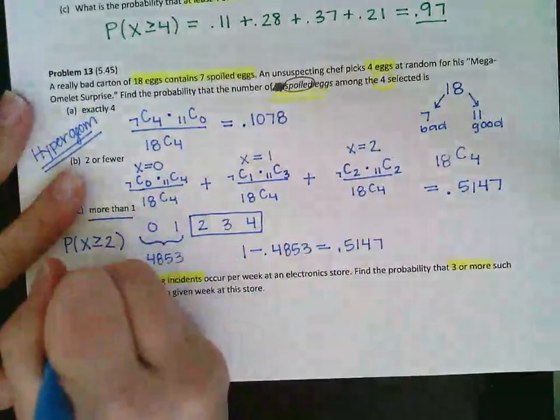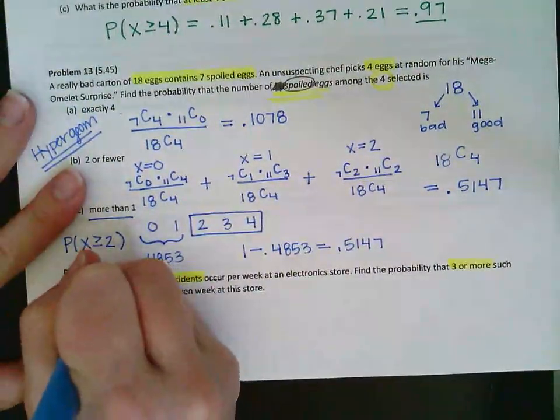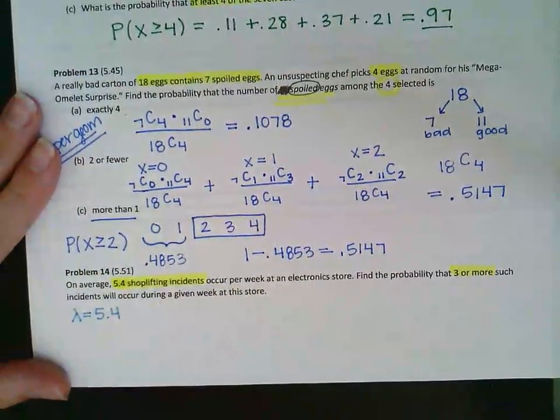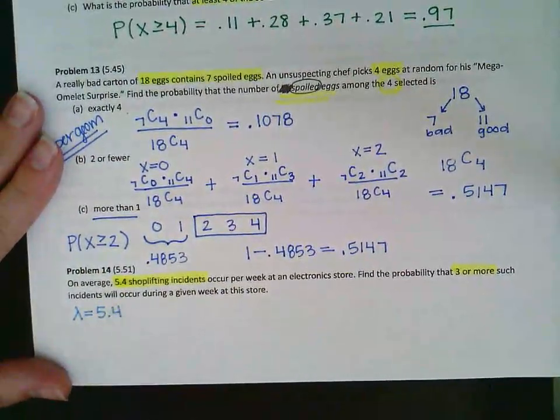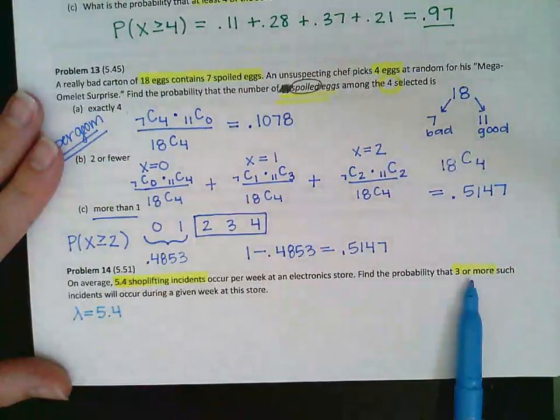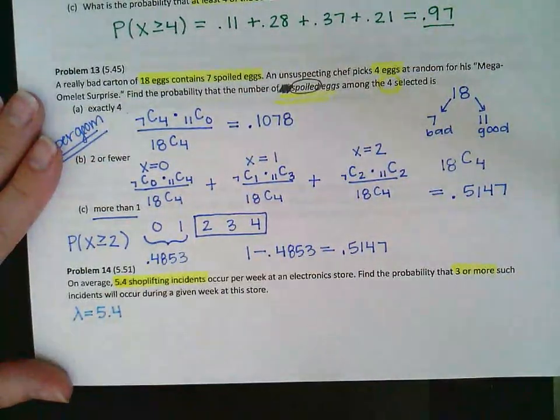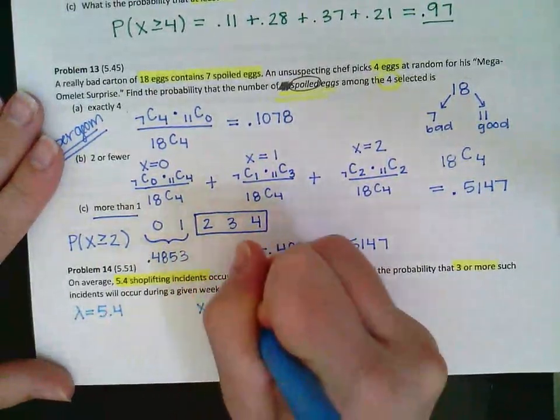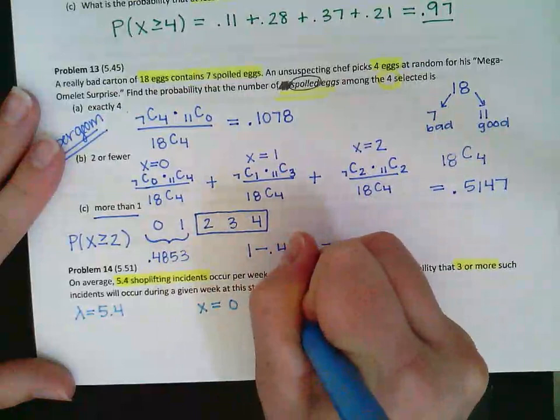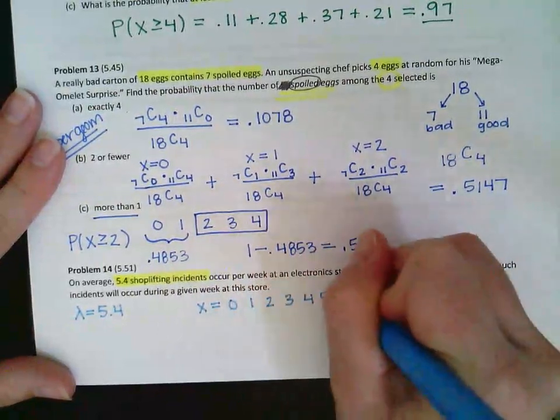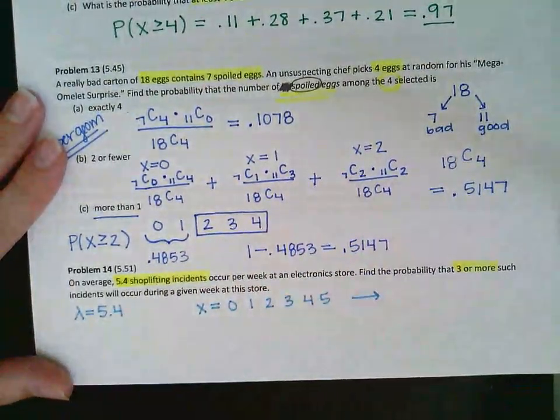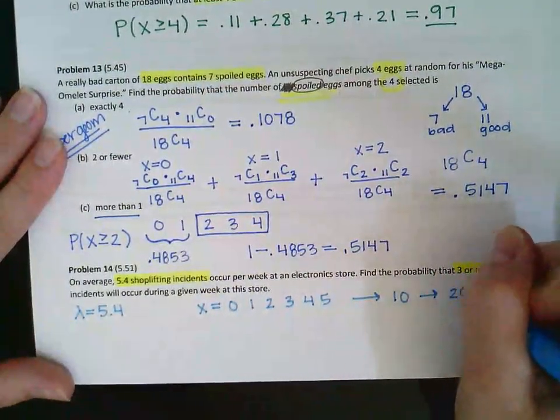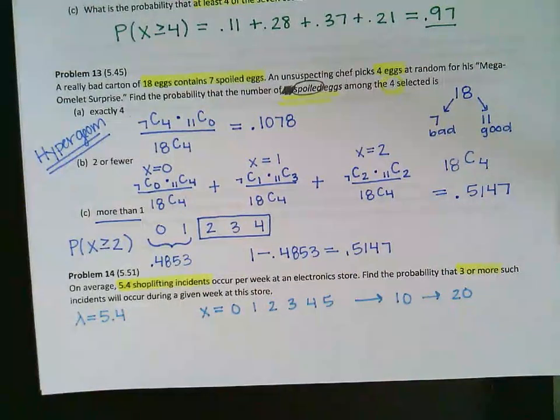I'm given an average, which I'm going to call lambda, just because I know that's what we're supposed to call it, okay? But I'm given this average, and then I want the probability of 3 or more. Well, really, our outcomes go from 0 on up. Really, I could have 10 or I could have 20 that occur in a week. That'd be a very bad week, but I could.